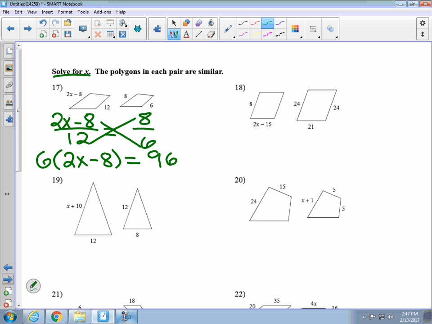So I'm going to continue this over here. We will distribute and get 12x minus 48 equals 96. And we'll continue solving and go on from there.